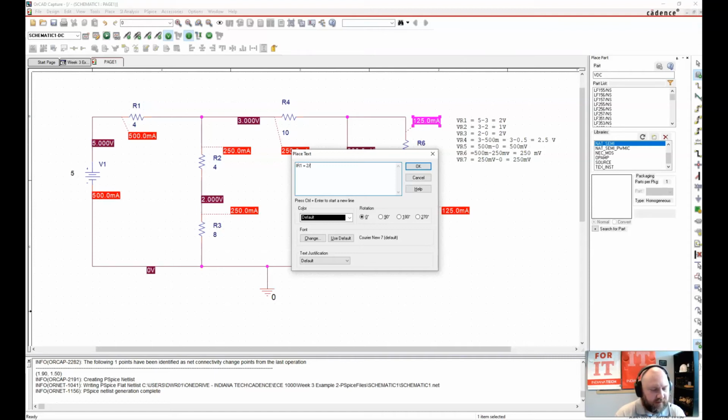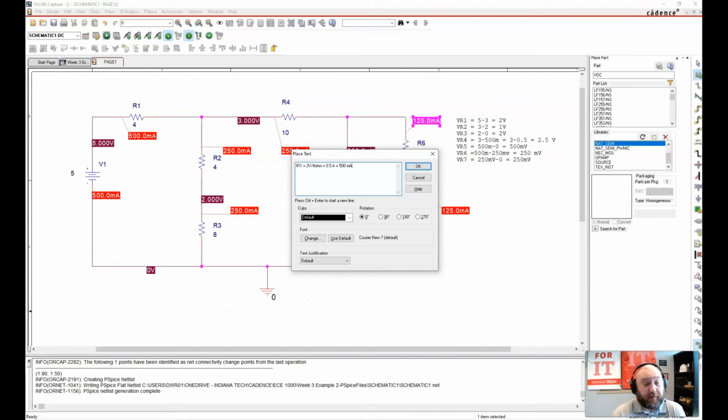So 2 volts divided by 4 ohms is equal to 0.5 amps, which is, of course, the same thing as 500 milliamps. So it is confirmed that on this particular resistor Ohm's law does agree with what our simulation tells us.